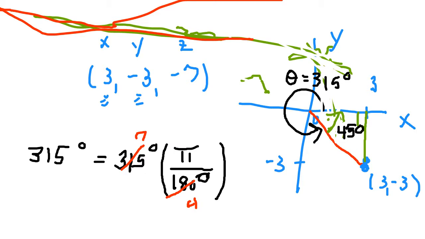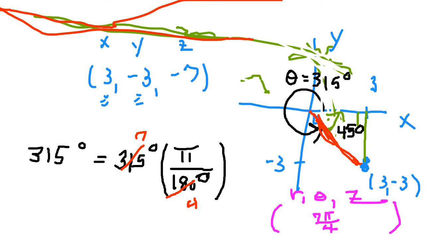Let's talk about it. We want the cylindrical coordinates, right? Cylindrical is r, theta, and z. Well, theta is 7 pi over 4. And the radius here is in red. It's that red part there.